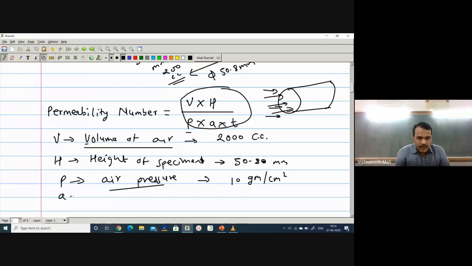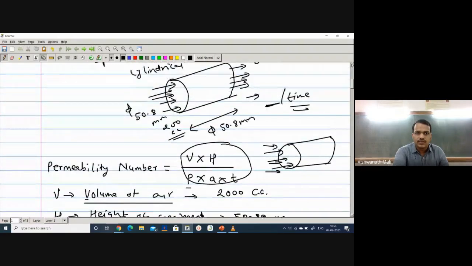Then A is the cross-sectional area of the specimen. How to calculate this cross-sectional area? What is the diameter of specimen? Here you can see 50.8. So how will we calculate this area?